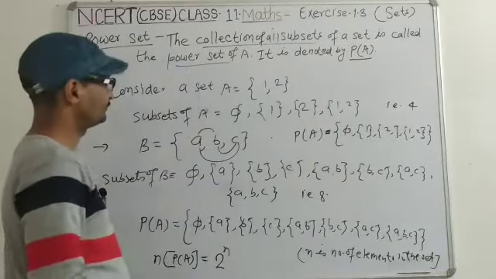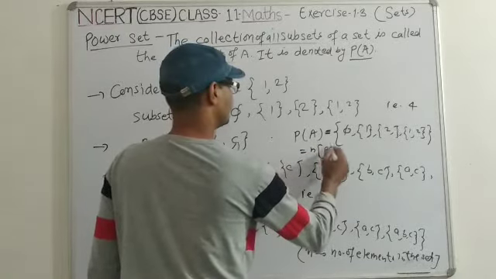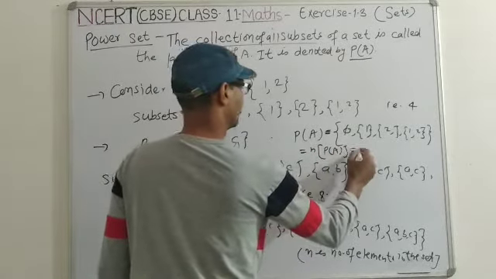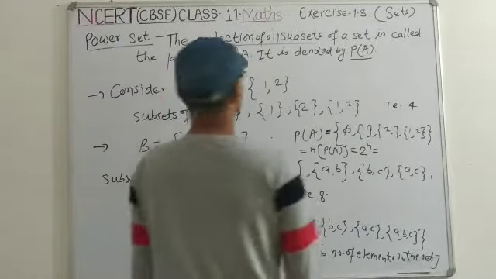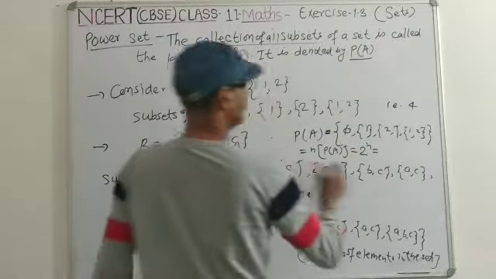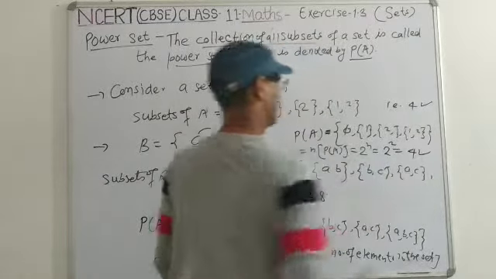In the set A here, the number of elements is 2, so 2 power 2 is 4, so it is checked.